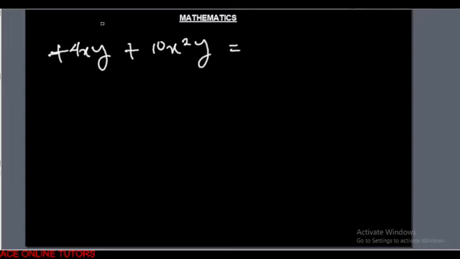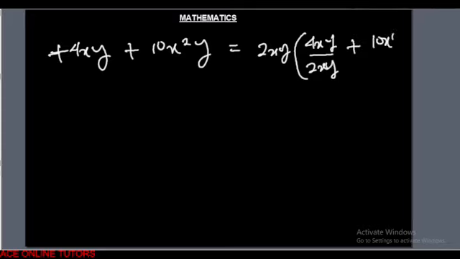Now whatever you get for your HCF is what you are going to put outside the bracket. So you say 2xy, then you open your bracket. The first term is 4xy over what is outside the bracket, 2xy, plus the second term is 10x square y over 2xy, because that's what is outside the bracket.